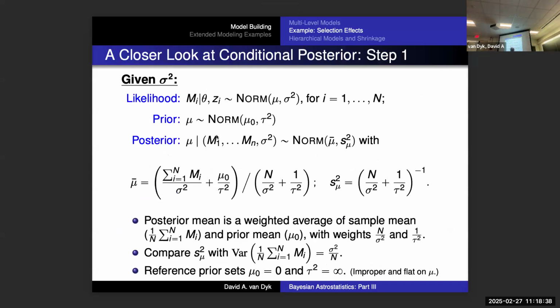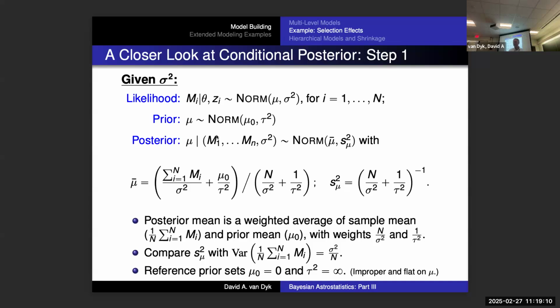If we update the mean, you can see that what we end up with is the sum of the absolute magnitudes, which, if you're estimating the mean, the way you usually would do it is a sample mean. So if you imagine there's an n in the denominator and the numerator that's canceled out, what we have is an average of the sample mean and the prior mean, and it's a weighted average, where the weight here is 1 over tau squared, and the weight here would be sigma squared over n.